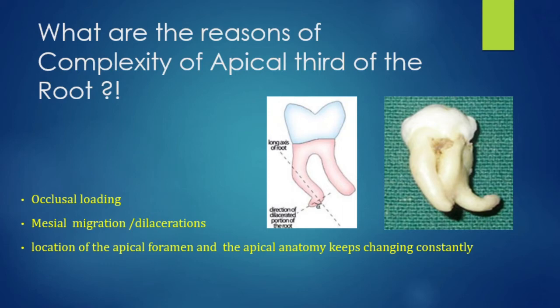Also, the mesial migration of the tooth due to the occlusal loading is another reason for the curvature at the apex and having delacerations of the roots.